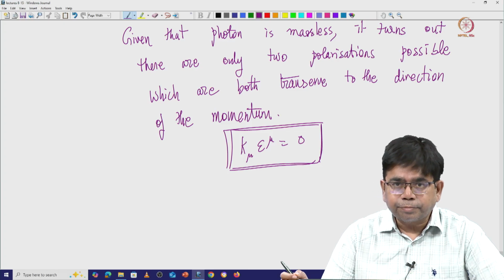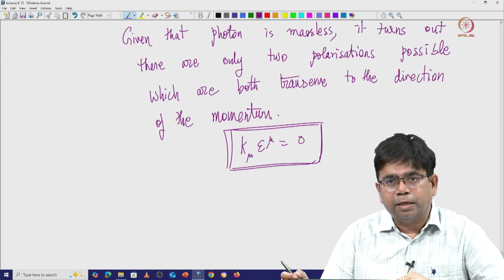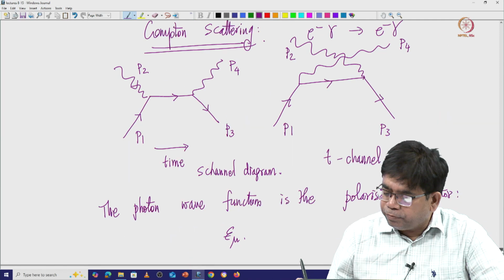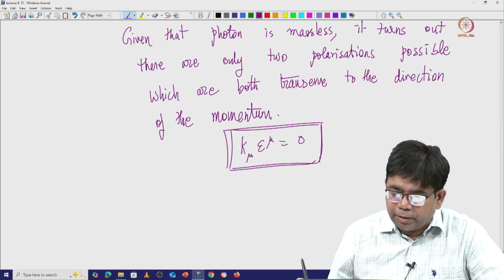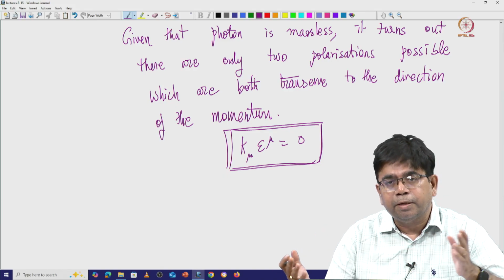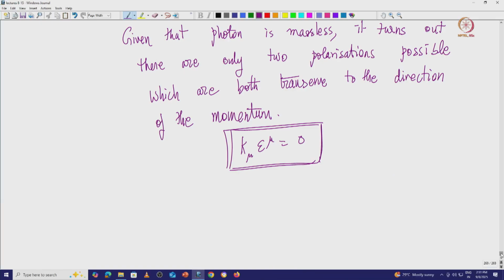But also, as a special case for the photon, you can experimentally know that because it is a massless wave, light is always transverse polarized.